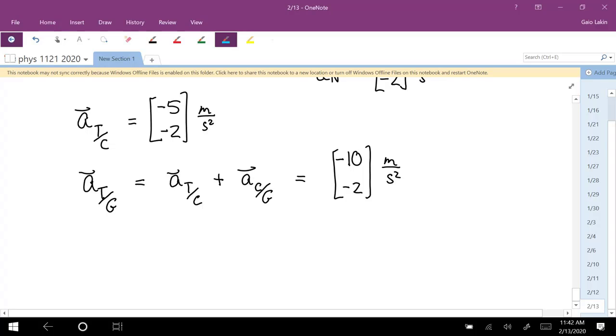And what we're going to see is that the horizontal velocity and the horizontal part of the acceleration of that point are 0 at the bottom, which makes sense if you think about what it means for the wheel not to slip on the ground. If the point in contact with the ground doesn't have the same horizontal velocity and acceleration, that means that the wheel is slipping at that instant. Okay, so at that instant, the horizontal part of the acceleration and the velocity have to be 0, and that's what we're going to see. So right at that instant, it comes to a rest and then starts moving again.